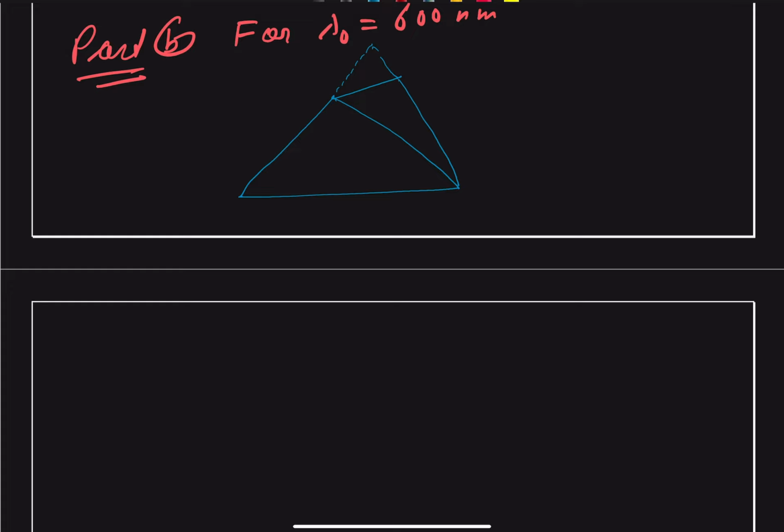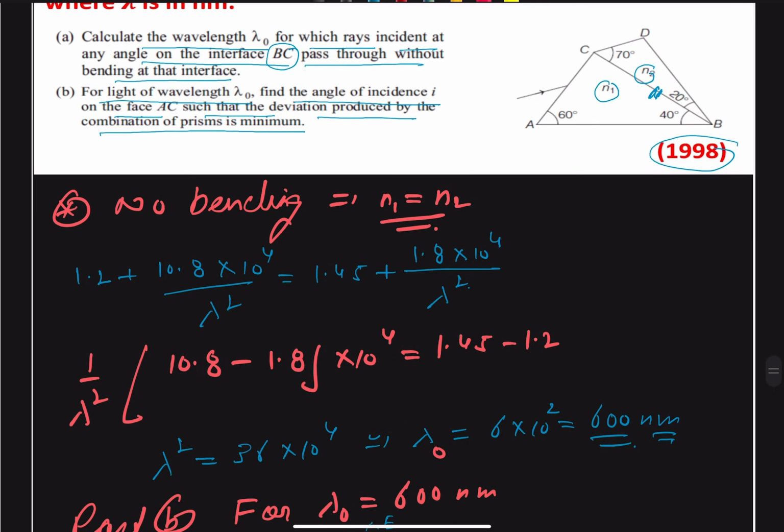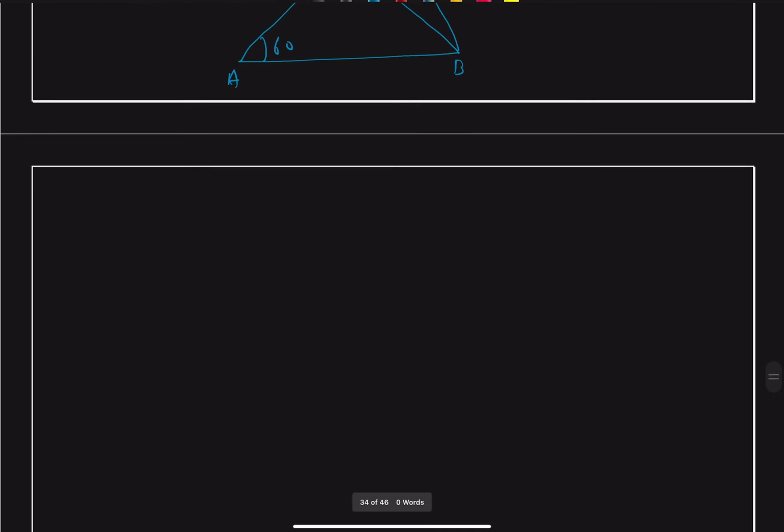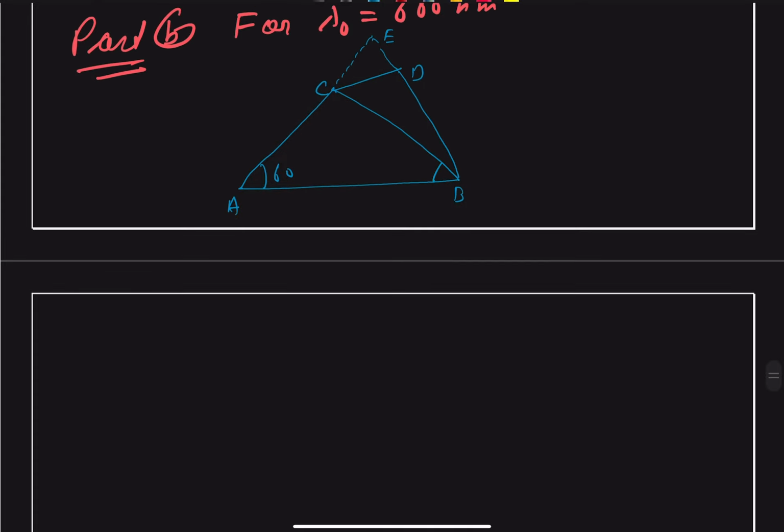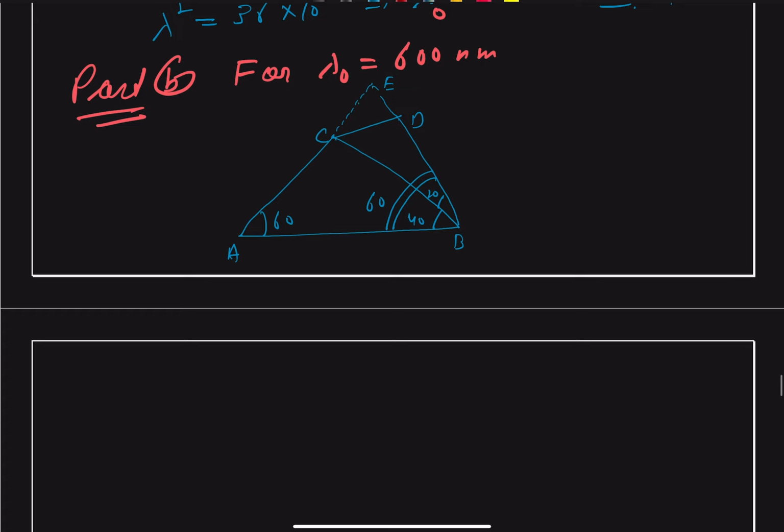Let us suppose this is our A, this is our B, C and D, and let us call this point E. We are given 60 degree, and 40 and 20. So this is 60, this is about 40 and this is about 20. So this entire angle will be 60, so angle E will also be 60, which is basically an equilateral triangle. And this angle is given to us as 70.